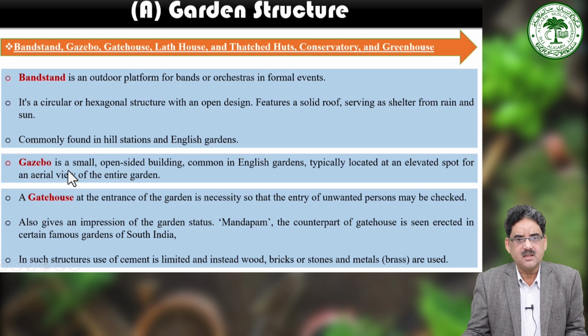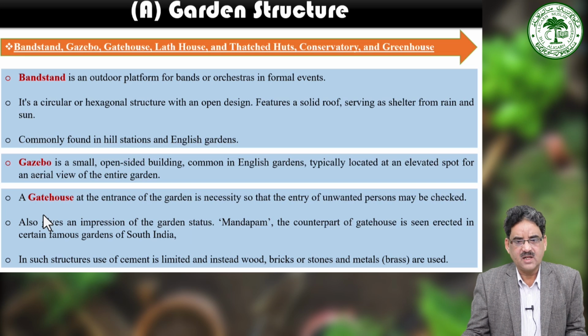A gazebo is a small, usually open-sided building, especially in English gardens, situated at an elevated place and at a spot from where an aerial view of the entire garden can be seen. A gatehouse at the entrance of the garden is a necessity so that the entry of unwanted persons may be checked.